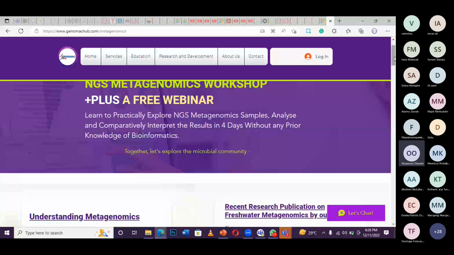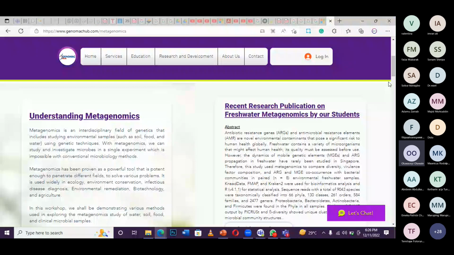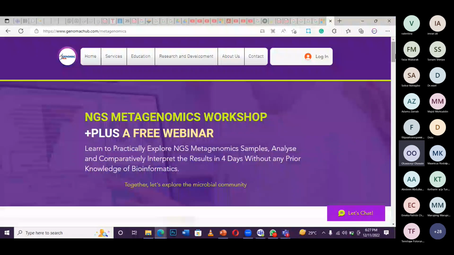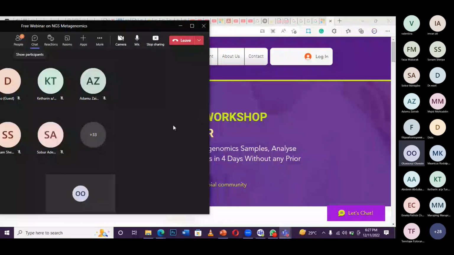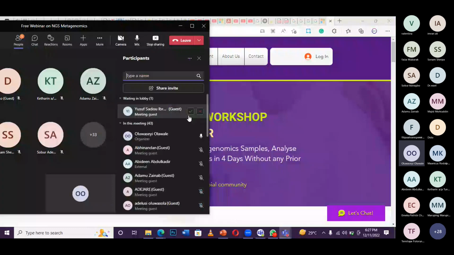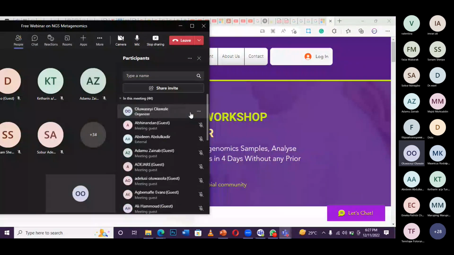It is a step-by-step guide. But as a scientist, if you want to explore the area of bioinformatics, you also need the knowledge of Python. It's very, very important, because there are some algorithms or pipelines on GitHub that you can use to do quite a number of different kinds of analysis.